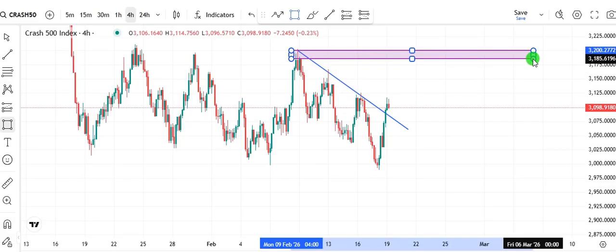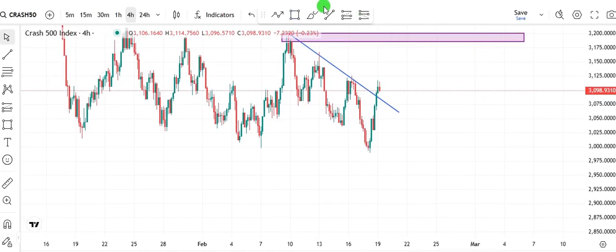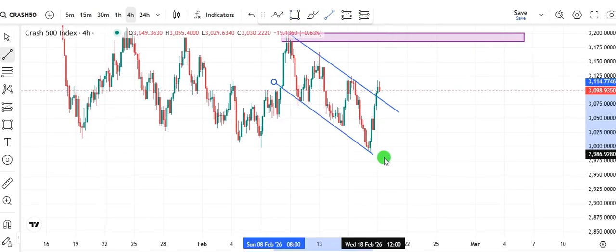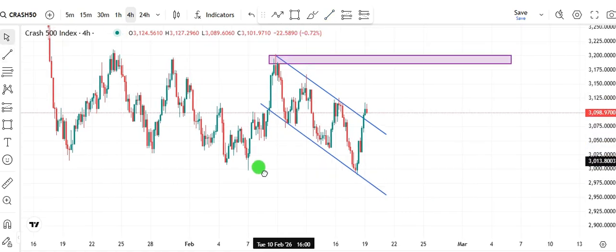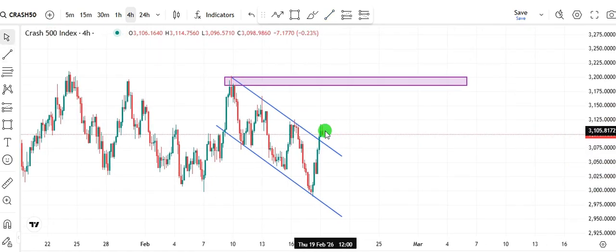Our trend line which we marked yesterday. Okay. So now breaking above this, what is it telling us? It's likely telling us a bullish movement.